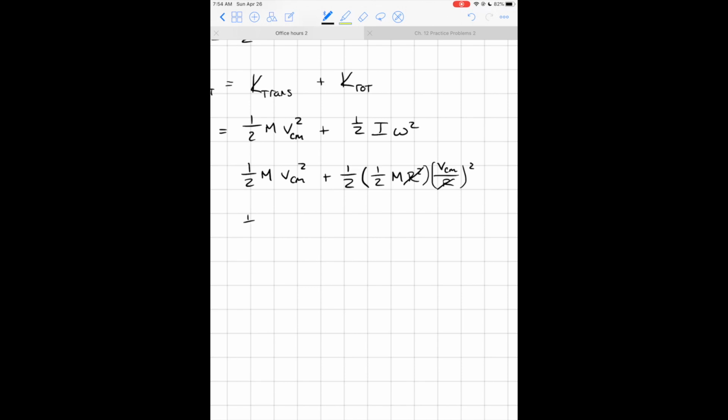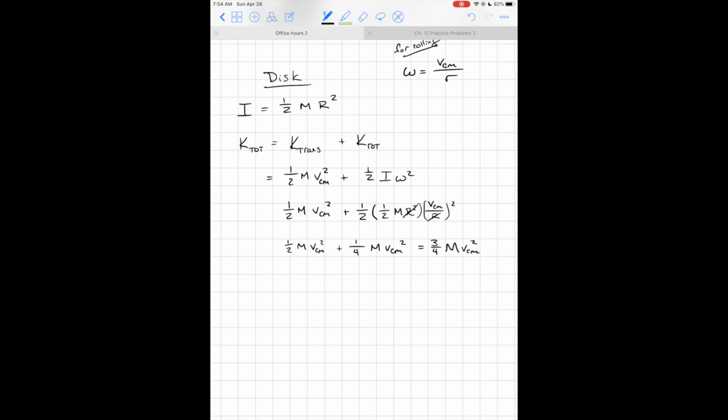I'm left with 1/2 m v CM squared plus 1/4 m v CM squared, combining those. So I have 3/4 m velocity of the center of mass squared. That is my total kinetic energy for the disk.